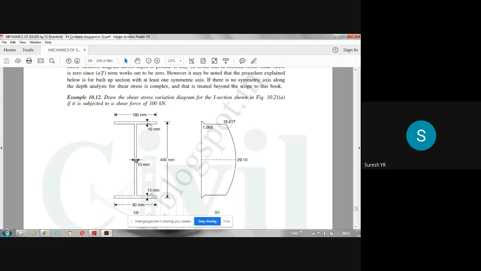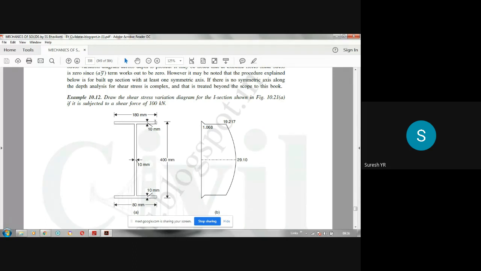Y bar is the distance of CG of this web from the neutral axis, which is 190 divided by 2, that is 95. So A into Y bar for this web portion above the neutral axis is 10 into 190 into 95.